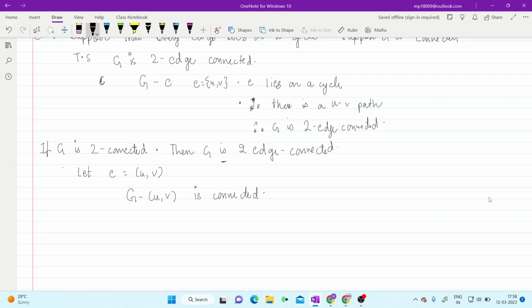Or you can also see, we have this inequality, that kappa G is less than or equal to kappa dash G. If G is two connected, that means kappa G is greater than or equal to 2.